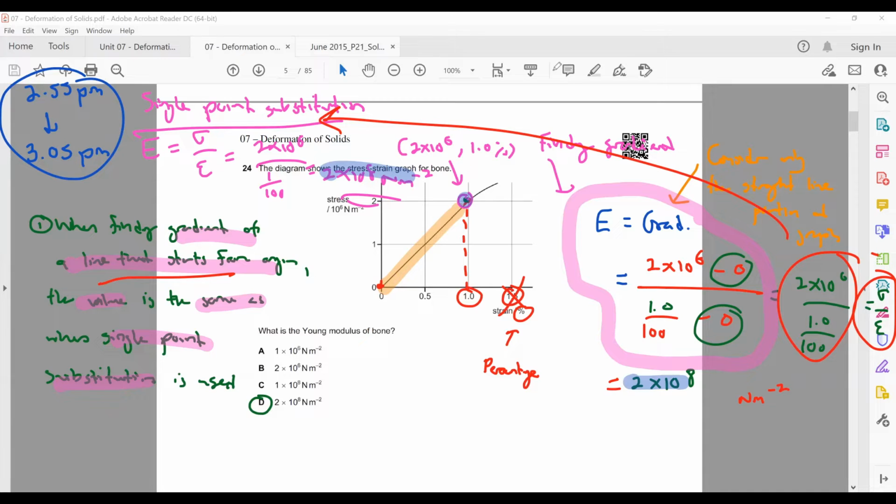What if you took another different point, say maybe this point here instead? Would you still get the same answer as this? You are still going to get the same answer.